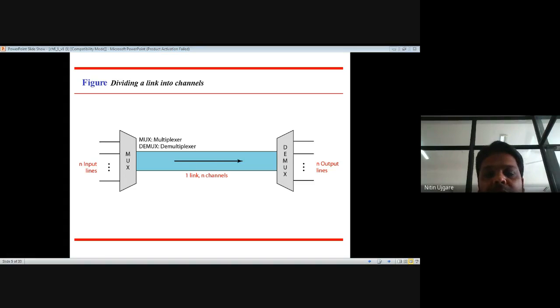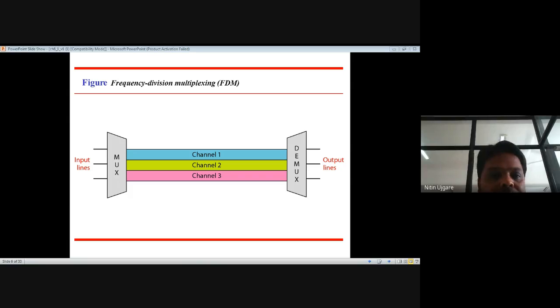Now we are going to see how multiplexing takes place. In this figure, in a multiplex system, the n lines or n channels share the bandwidth of one link. The lines on the left direct their transmission streams to a multiplexer, and the multiplexer combines them into a single stream. So that means a many-to-one formation is shown.